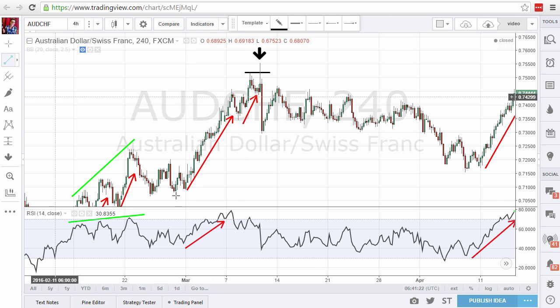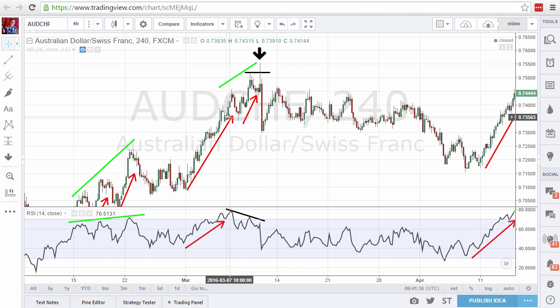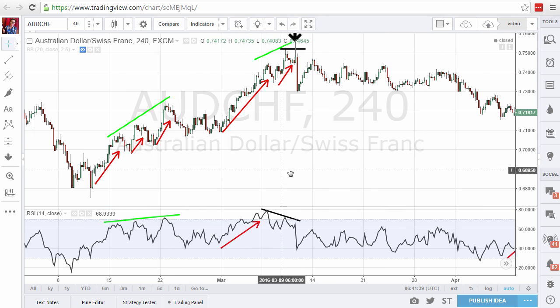And at the same time, this time our indicator is showing a divergence. You can see that the RSI was moving lower, whereas price was moving higher. And this also confirmed that something is changing in the markets. So we can use this information.